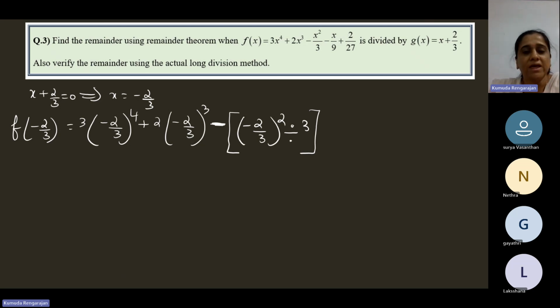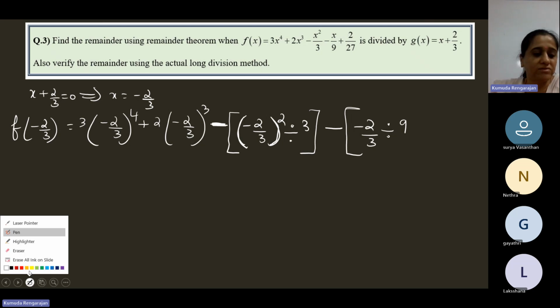This is x square divided by 3. You can see the minus here and the x square. Minus x by 9. So again, x is minus 2 by 3, divided by 9. You can use a simple bracket set.